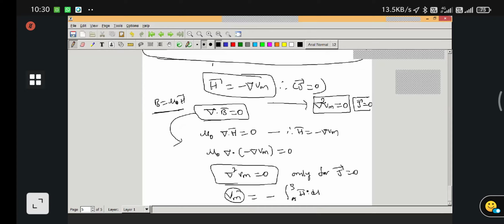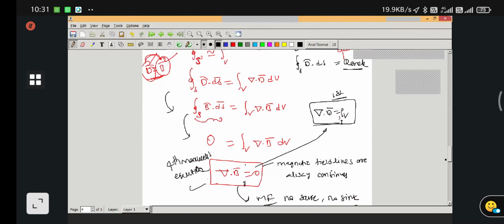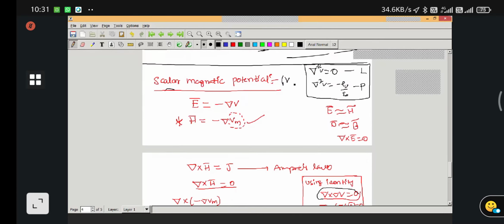H is in ampere per meter, and dl is a length in meters. Meter cancels. What is the unit? Amperes. The magnetic scalar potential unit is amperes. This is the unit of capital Vm: amperes.